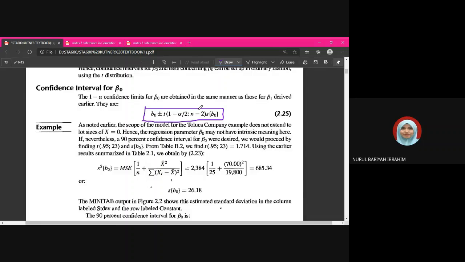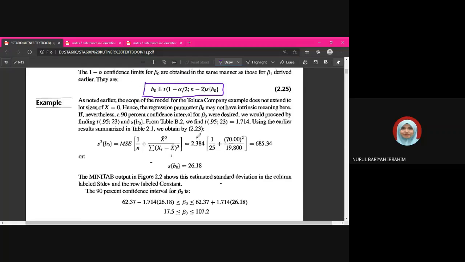Here the value of beta naught, di sini adalah value standard deviation of beta naught. Sama juga dekat sini. If we use t table merah, so it will be alpha over 2 and n minus 2. Okay, so we look at the example.